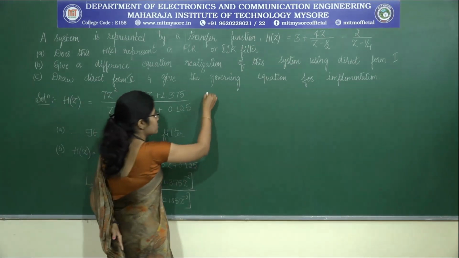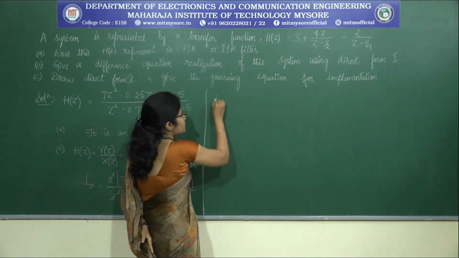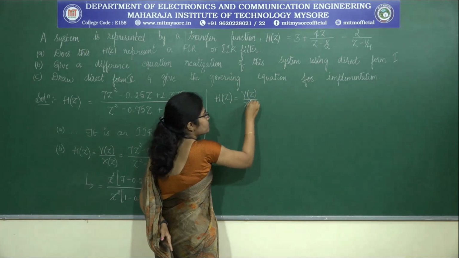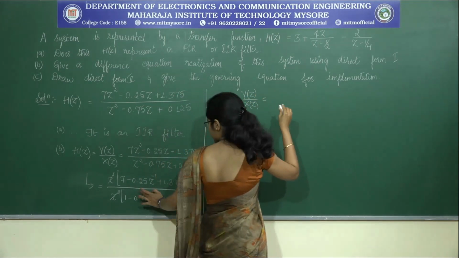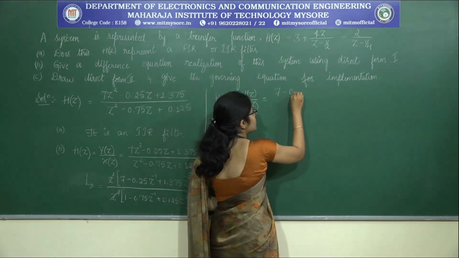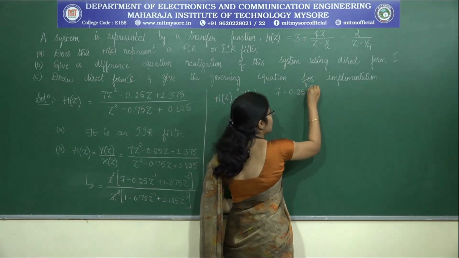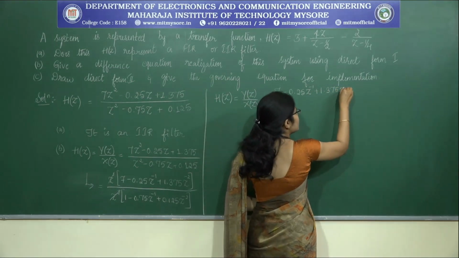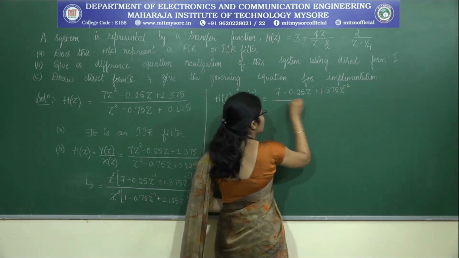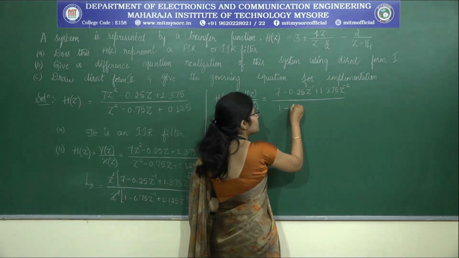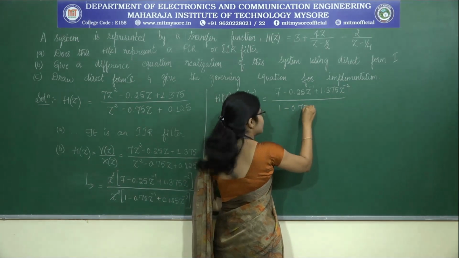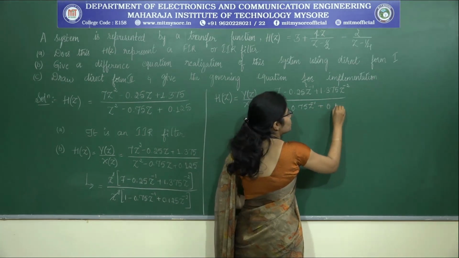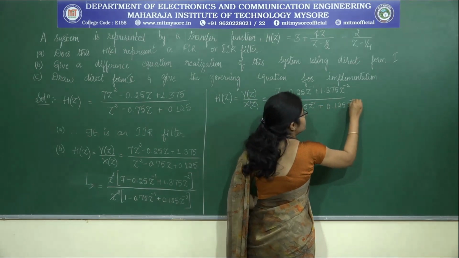Let us rewrite the expression for H(z). H(z) is equal to Y(z) by X(z), which is equal to (7 - 0.25z^-1 + 1.375z^-2) whole divided by (1 - 0.75z^-1 + 0.125z^-2).